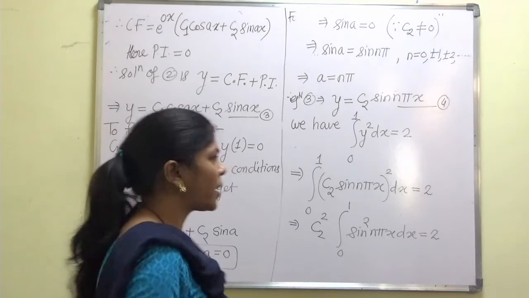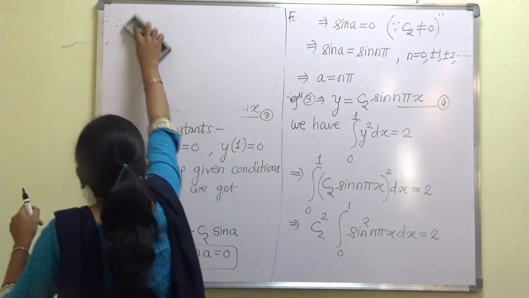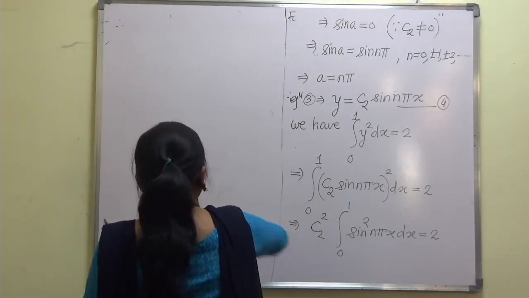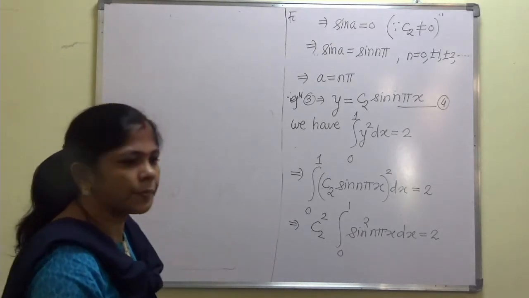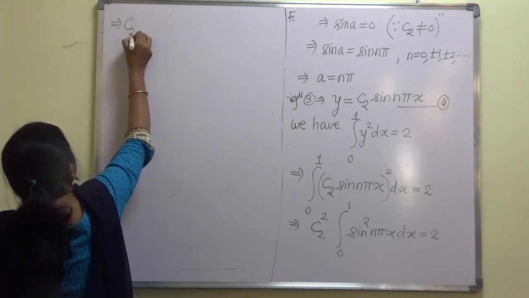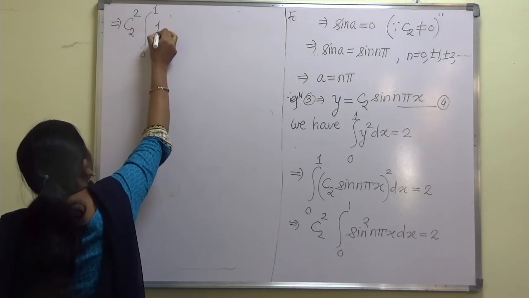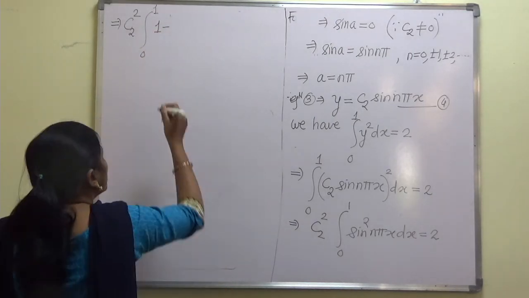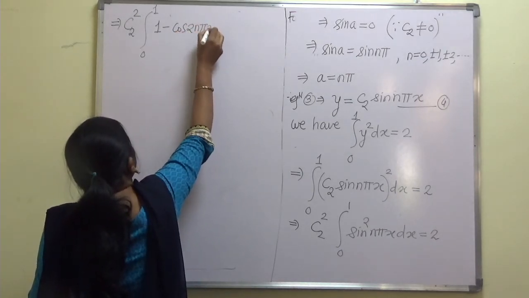So what do we have now? So this implies c2 square. Now I can write this sine square of n pi x by using the trigonometric formula as 1 minus cos of 2n pi x upon 2.